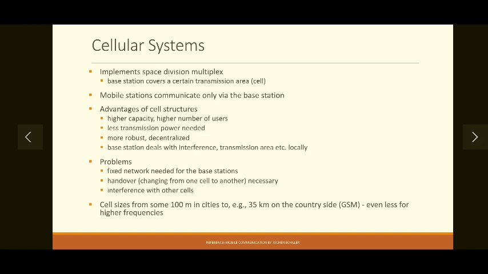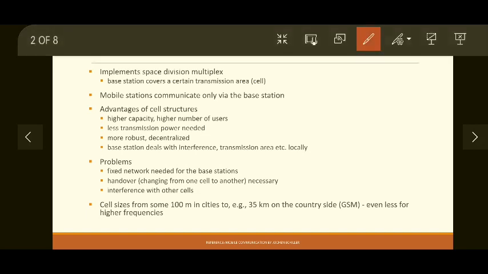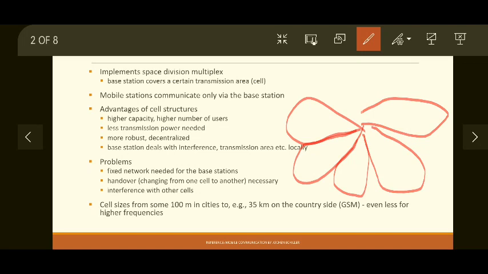So this small region which will be covered by a single base station is called a cell. Now why is it called a cell? We had seen that we cannot achieve a circular radiation pattern. So in the sectorized antenna we had seen we can form beams of different shapes and sizes to achieve a radiation pattern which will be closer to our circular pattern.